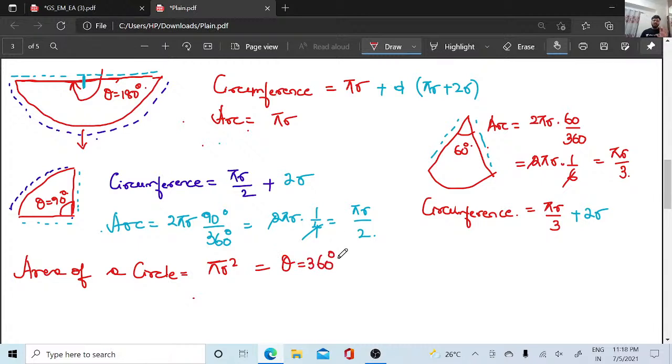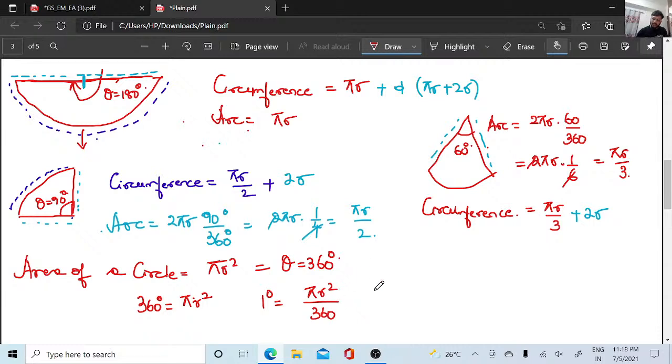If you have to find the area of a sector when the angle is given, here the angle becomes 360 degrees. So 360 degrees is equal to pi r square. So 1 degree will be equal to what here? 1 degree will be equal to pi r square by 360.